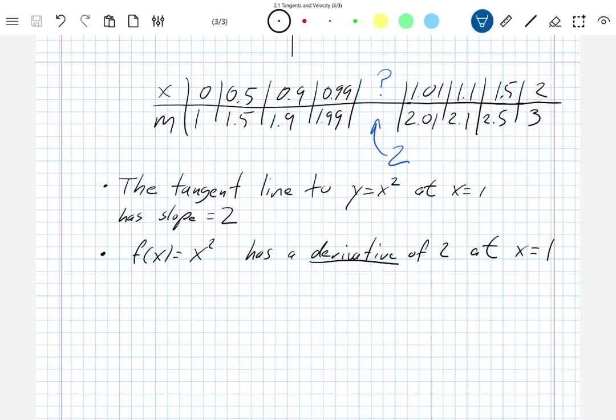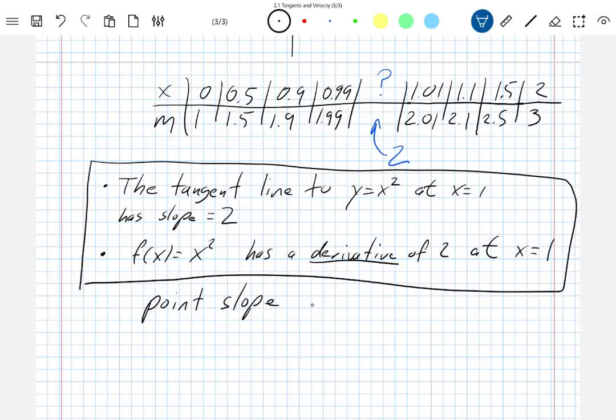Let's go ahead and finish up this tangent line business for just a second. If I want to know what that tangent line actually is, I could use point slope form. Actually, let's go ahead and box this off a little bit here.